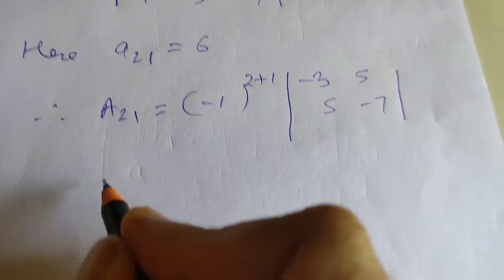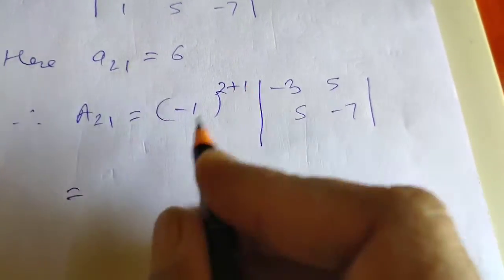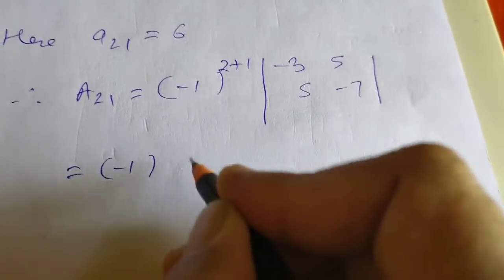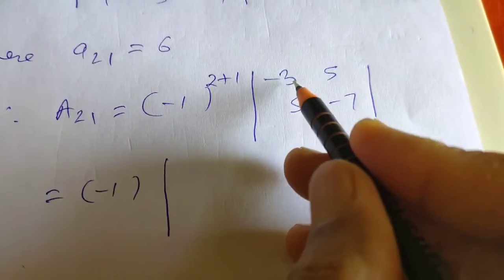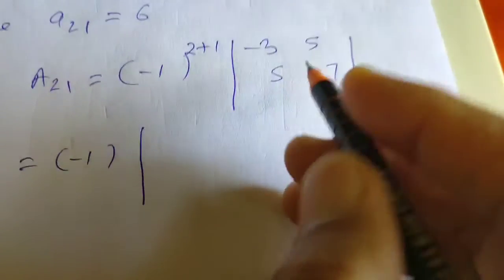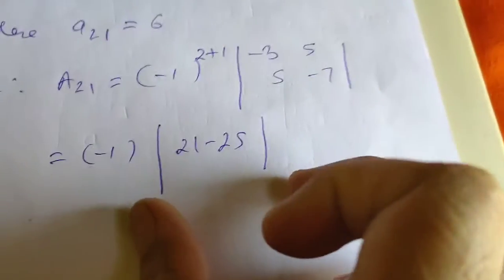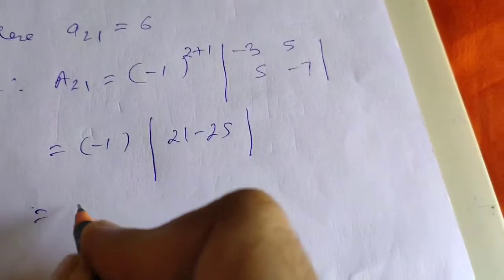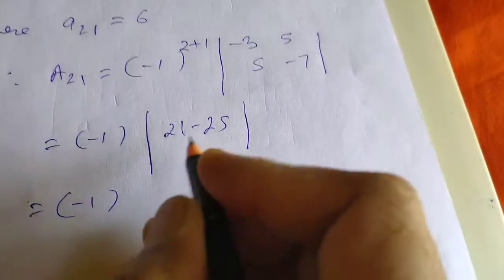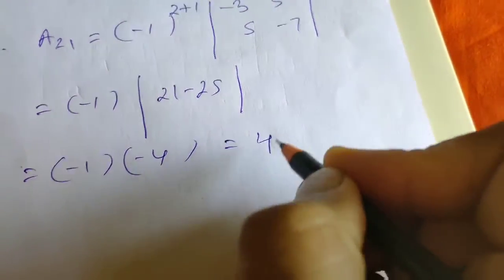Equal to minus 1 raised to 2 plus 1, that is 3, which is odd, so this will remain minus 1. Solving this, minus 3 into minus 7 is 21, and 5 into 5 is 25. So 21 minus 25. Remember that this is not mod. Equal to minus 1 times minus 4, so together we get 4.